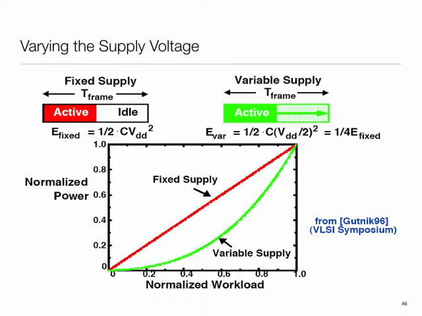Now, this strategy, as you might imagine, is benefiting from that CV square F term. If that term dominates, we're going to look like this.